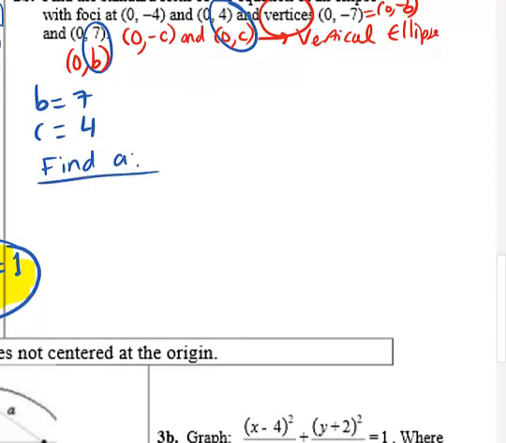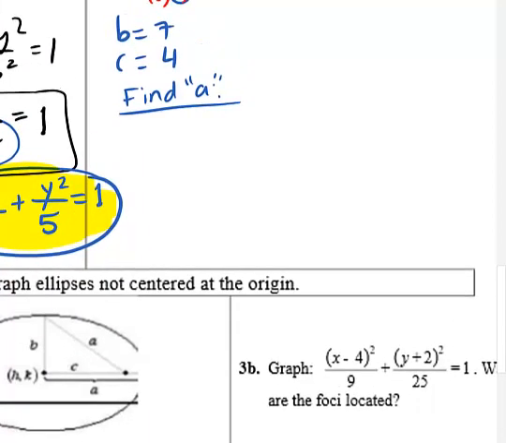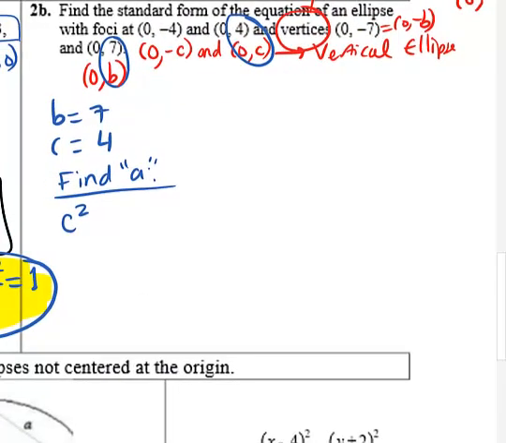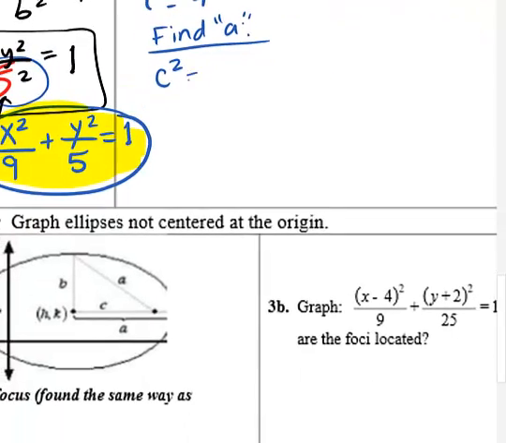And then our job will just be to substitute that into the general equation, x squared over a squared plus y squared over b squared. But since this is a vertical ellipse, the equation we're trying to solve for a is c squared equals b squared minus a squared. So I'll fill in what we know.